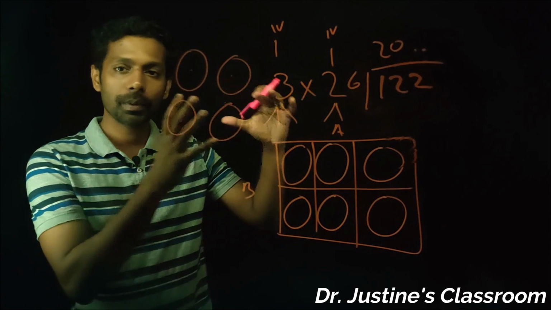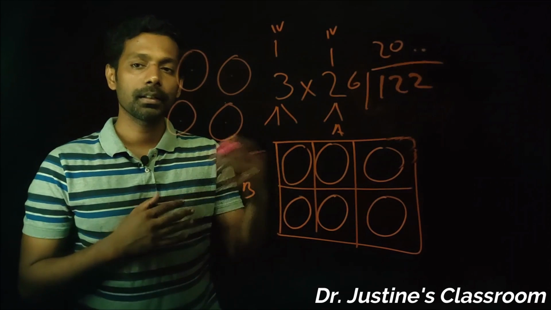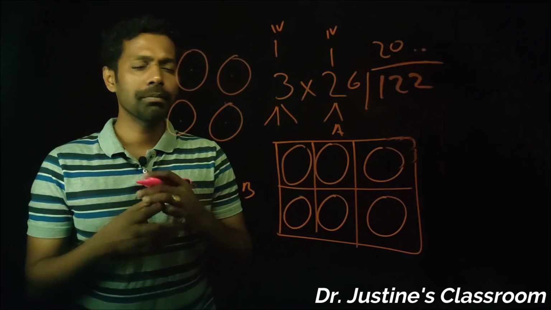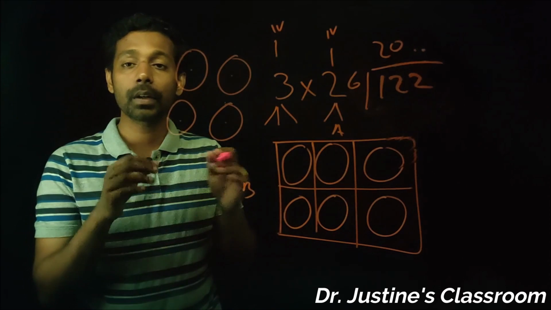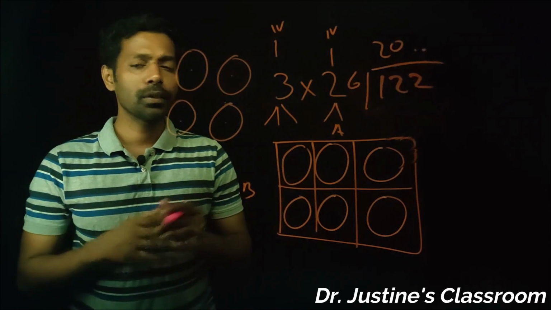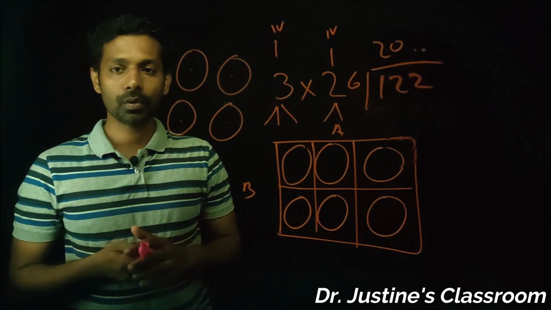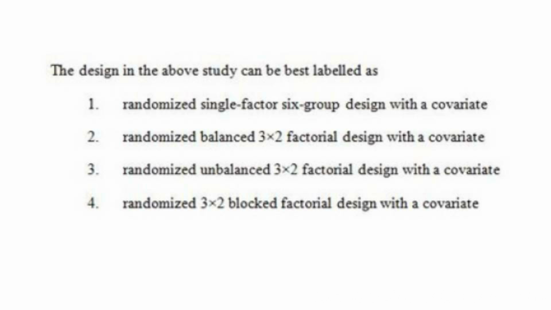Based on the characteristics, they are collected together, homogeneity, something like that, and the groups are then assigned some kind of task. This is a simple random procedure. You have a sample and randomly assign subjects without looking into the characteristics of the subject itself. There's no blocking here, it's direct random assignment. So the last option is also not appropriate. The appropriate option is the third one, randomized, unbalanced, 3/2 factorial design with a covariate. Perfect, that will be the right answer.